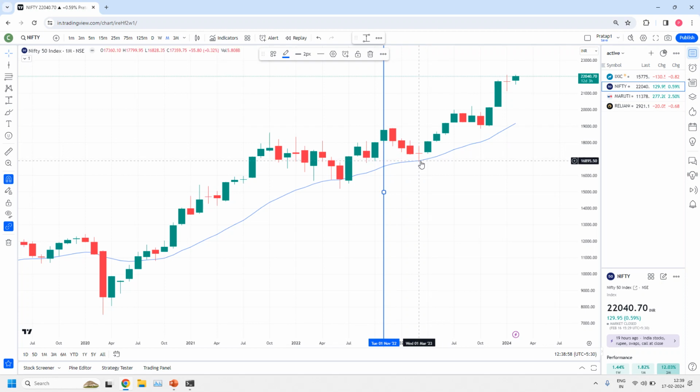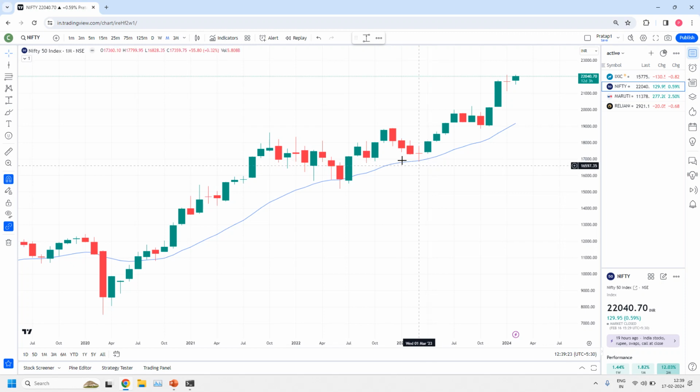Once prices reached, the overextension is completed. And what I am saying, this is the best time to plan your cash trades or long trades. This is the best time for positional or swing trading.